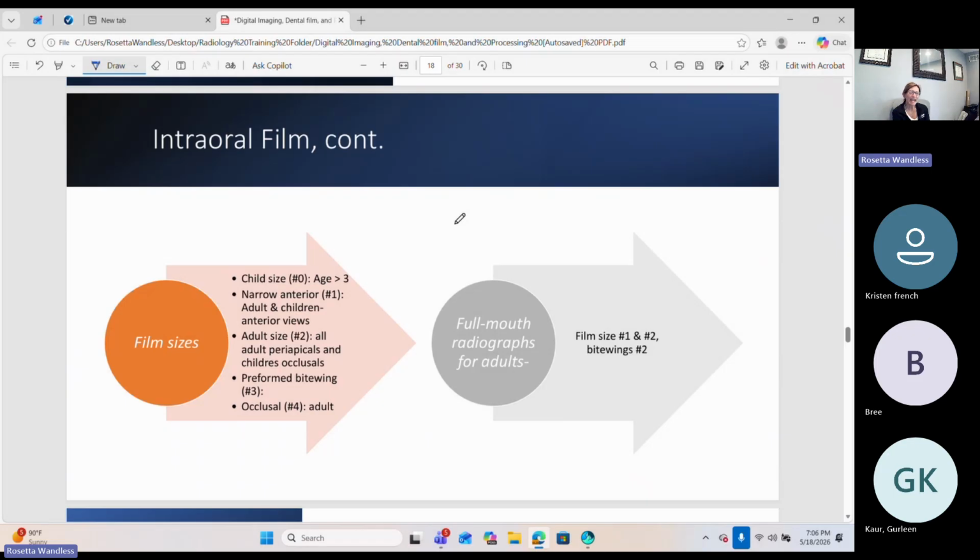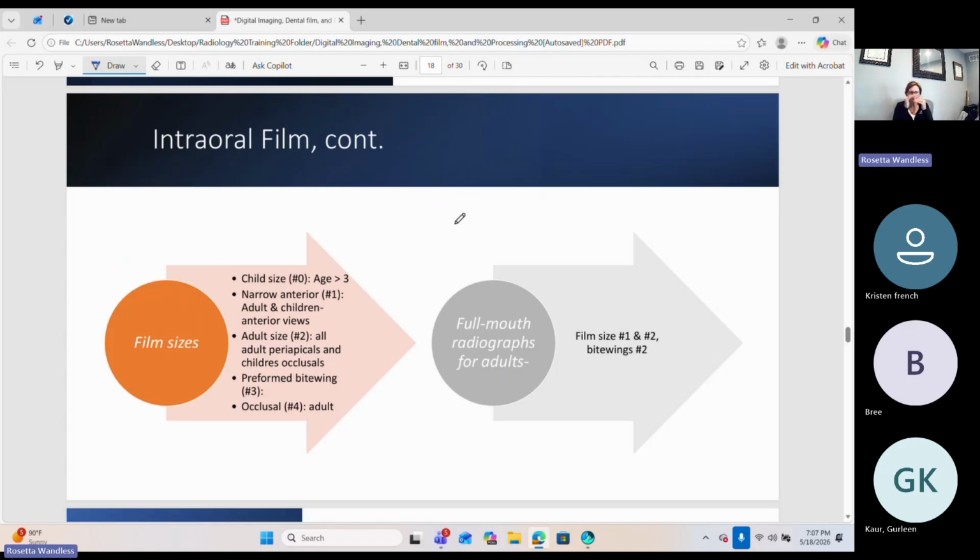I can, however, use a number 1 for what's also called an anterior picture or an anterior size, and I can use that to take only an anterior on an adult. You're probably like, well, why can't I take a posterior? Well, an anterior size number 1 is thinner than the next size we're going to talk about, but a little longer, okay?